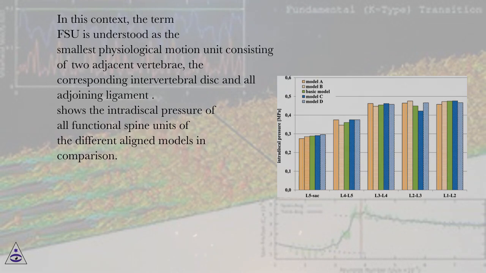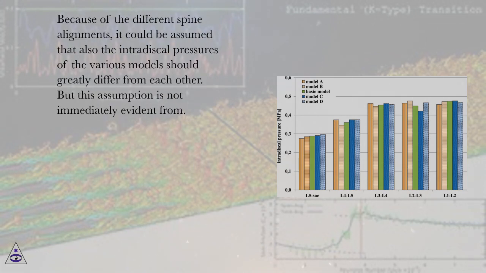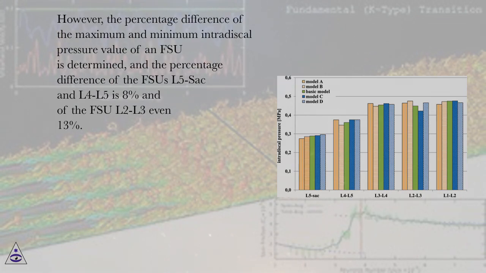The figure shows the intradiscal pressure of all functional spine units of the different aligned models in comparison. Because of the different spine alignments, it could be assumed that also the intradiscal pressures of the various models should greatly differ from each other. But this assumption is not immediately evident from the figure. However, the percentage difference of the maximum and minimum intradiscal pressure value of an FSU is determined, and the percentage difference of the FSUs L5 SAC and L4 L5 is 8% and of the FSU L2 L3 even 13%.